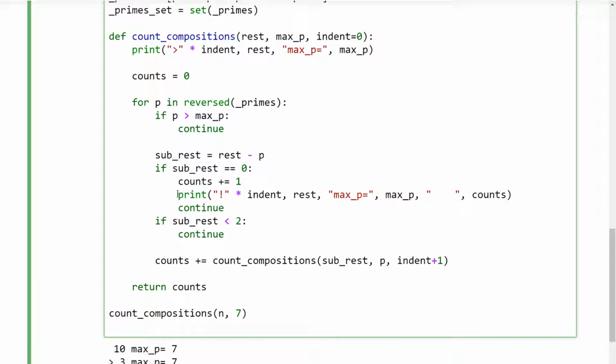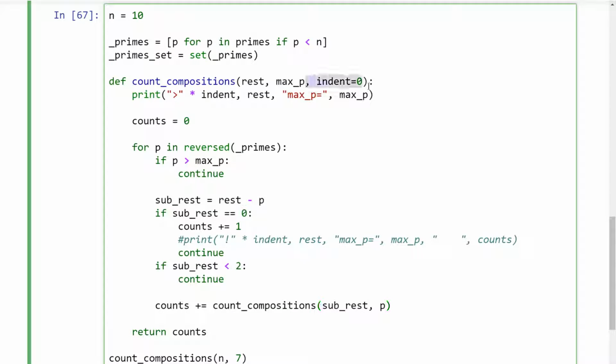What do you think? I think this is also superfluous.